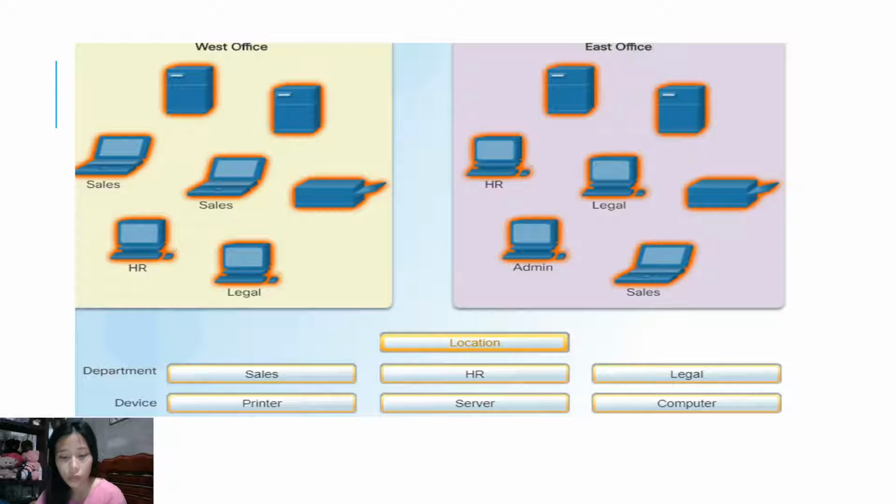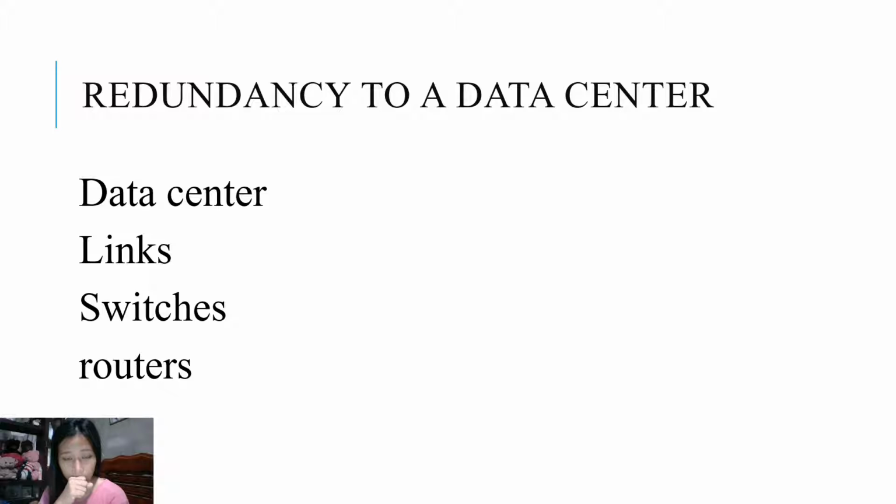For the small network, we then have redundancy to a data center. For the data center, if one server fails, another is there to handle customer requests. The next one is the link: if the link to one switch fails, the link to the second switch is still available.